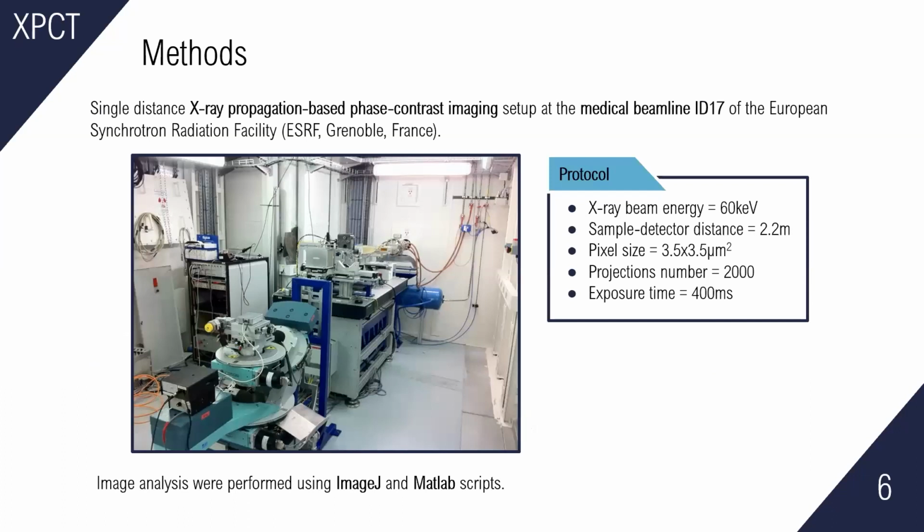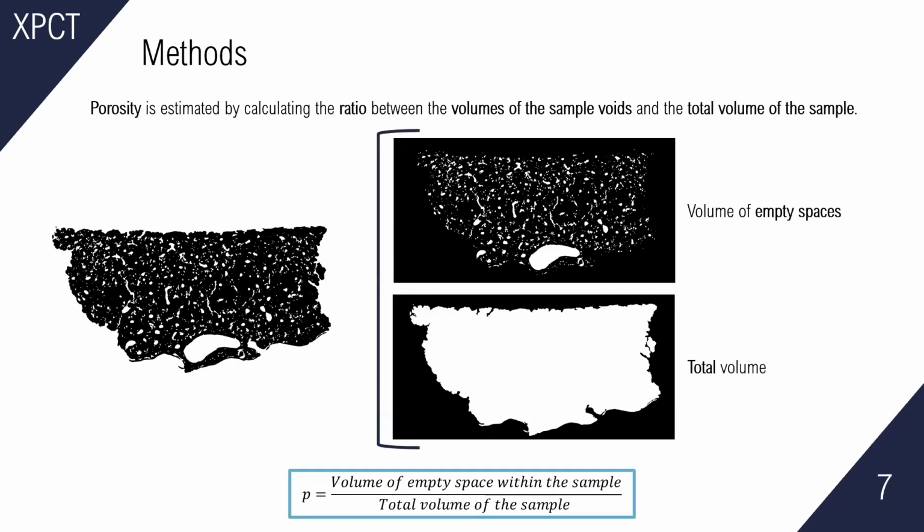Also, we used X-ray propagation-based phase contrast tomography. Data preprocessing and tomographic reconstruction of 3D volumes were performed using the filtered back projection algorithm. XPCT images and segmentation were performed using imaging software and MATLAB.